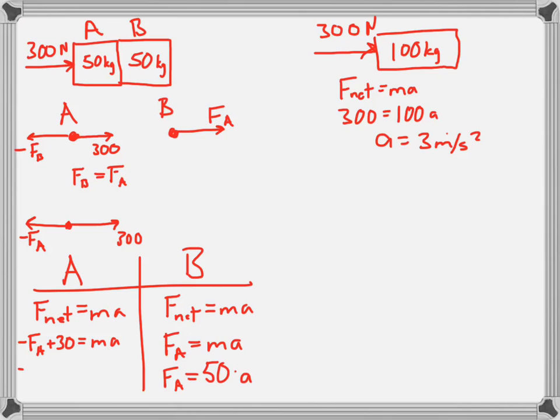So I have negative 50a plus 30 equals the mass of box A, which is also 50 kilograms, times a. All right, now let's get all my a terms over to one side. Add 50a to both sides, plus 50a. And it turns out that 30 equals 100a.